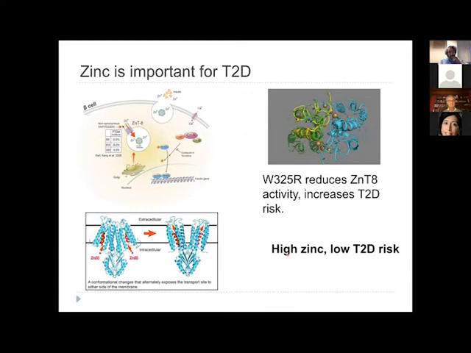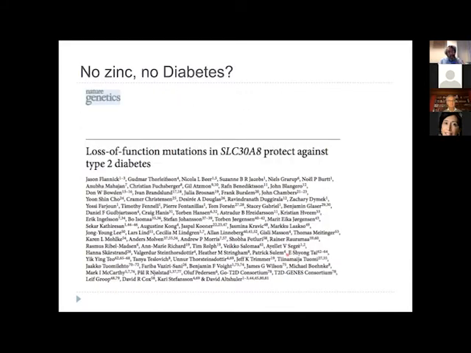But when I started, I read this back in, I think, 2013, in Nature Genetics, that they found loss-of-function mutations of this zinc 8 transporter, which is specifically expressed in the beta cell. That suggests that loss of function of this transporter protects against type 2 diabetes.